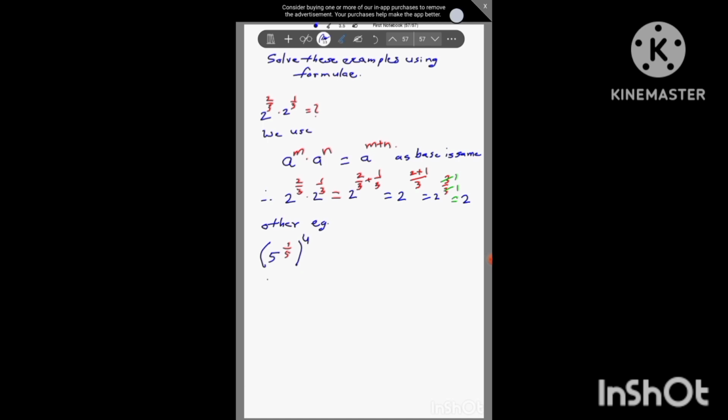Remember this, I have covered all this in the previous section, that is a raised to m whole raised to n is equal to a raised to m into n. Similarly, you have to use this, that is 5 raised to, you have to multiply here. 5 raised to 1.5 into 4 is 5 raised to 4.5. That is how to solve it.